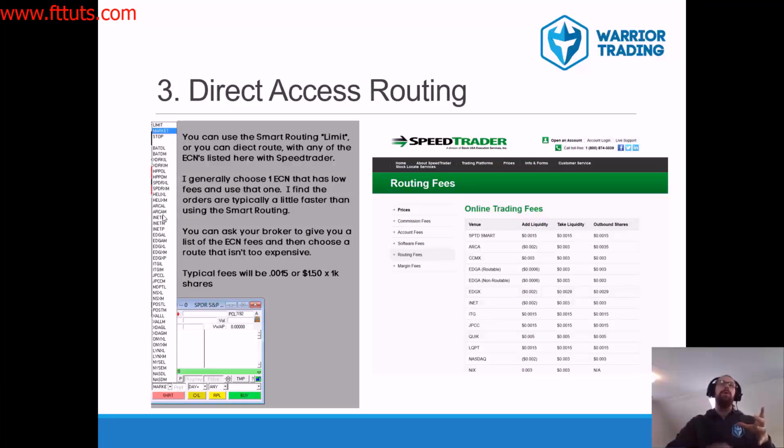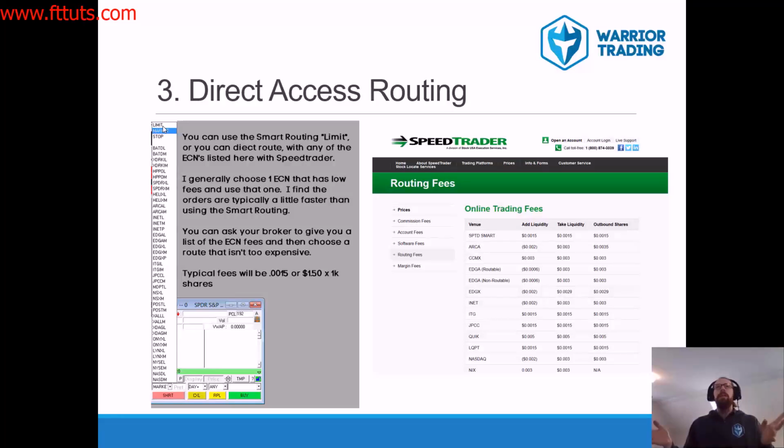Now, all brokers actually have their default limit order right here. A limit order is a smart route, and what it'll do is send your order out to the market, and you don't really know which path it's going to take. It'll get to the island, but you don't really know how. Now, the problem with this is that for me, when I do smart routing, the orders are always a little bit slower than when I direct route.